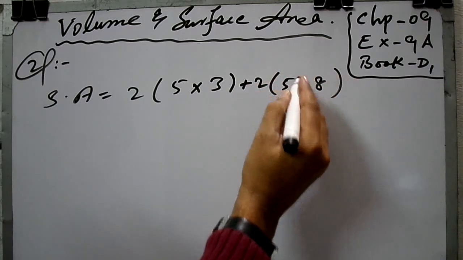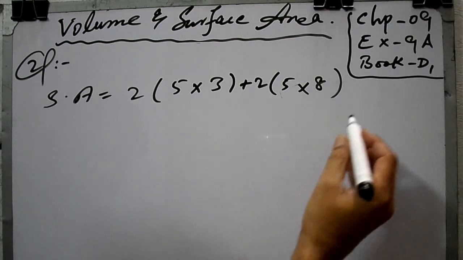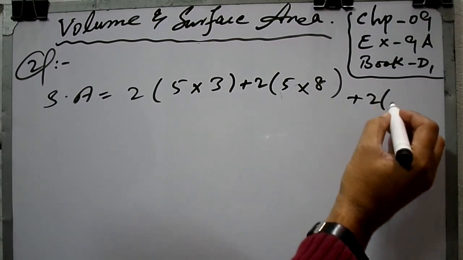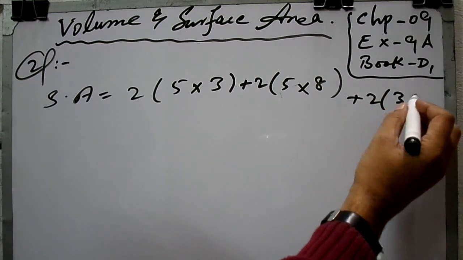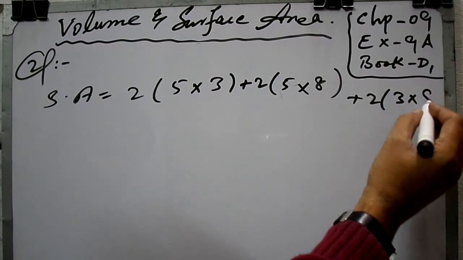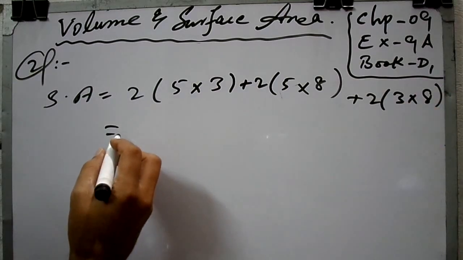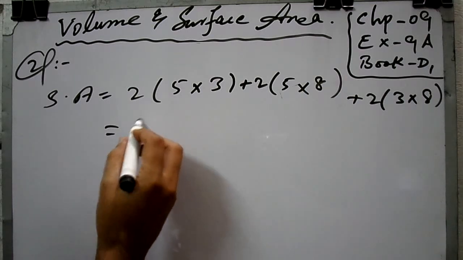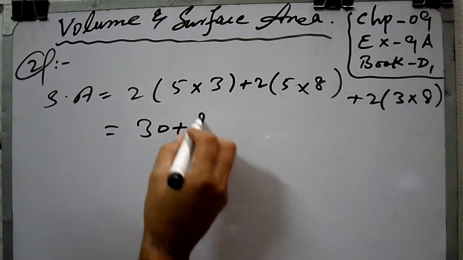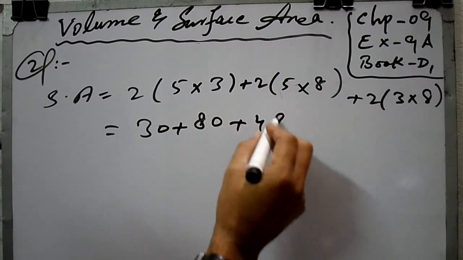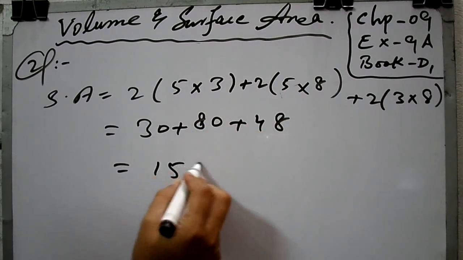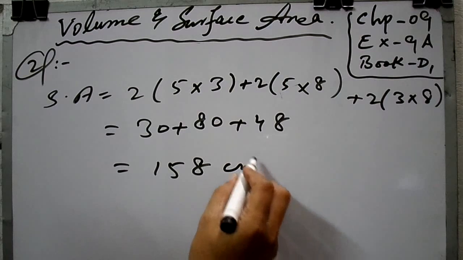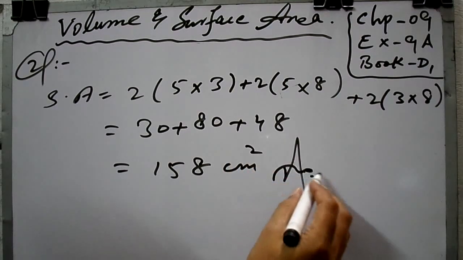You should write clearly to get no confusion here, because it is a very critical calculation. So you can get the result, that is you will get 30, 80, 48 and you will get 158 centimeter square is your area.